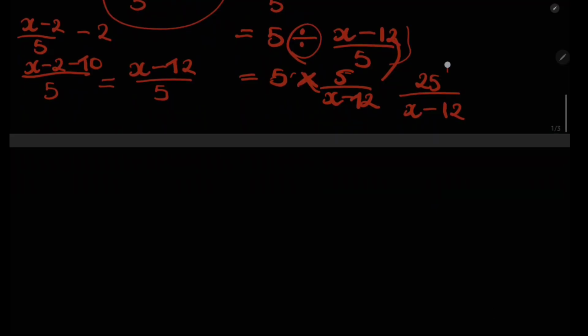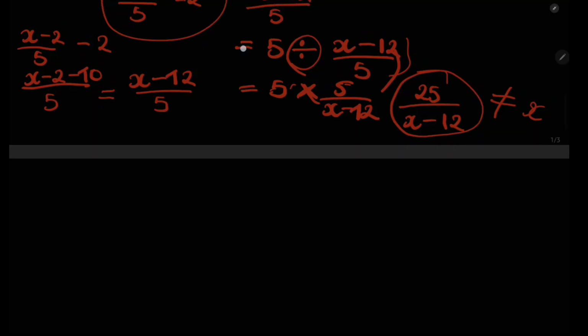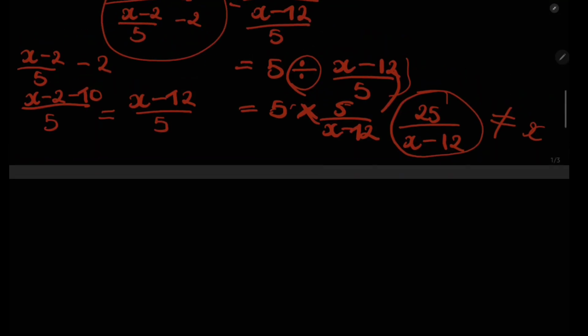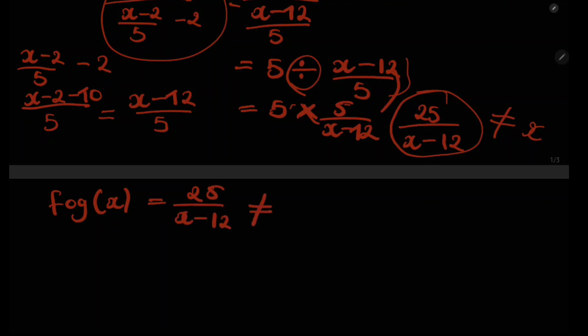As we can clearly see, this is not equal to x. So we have shown that g is not an inverse of f of x. Our f of g of x is 25 on x minus 12, which is not equal to x.